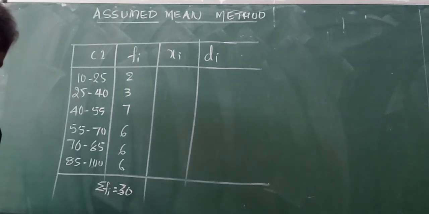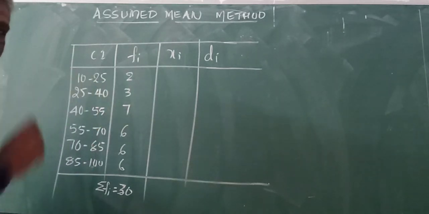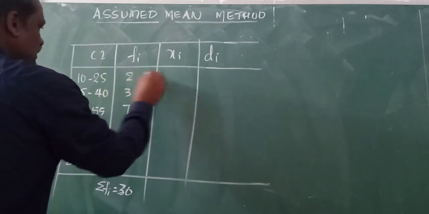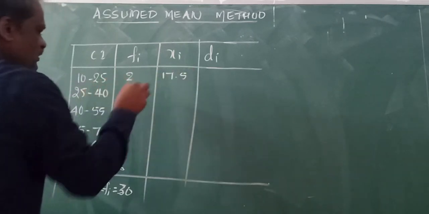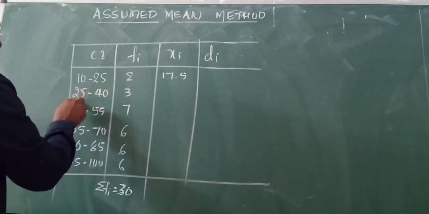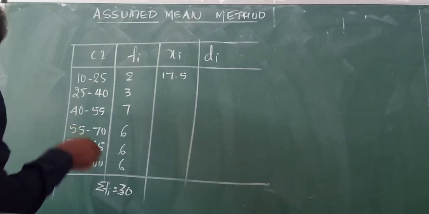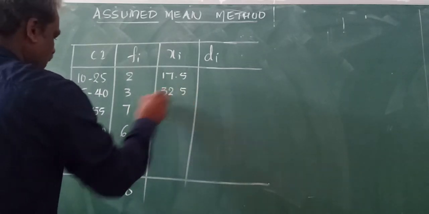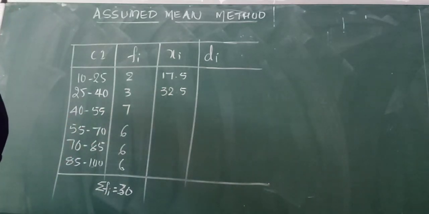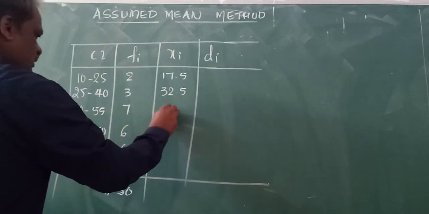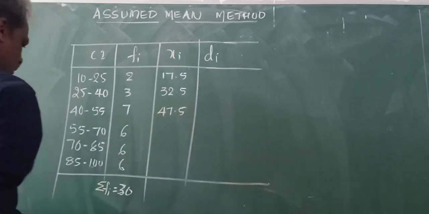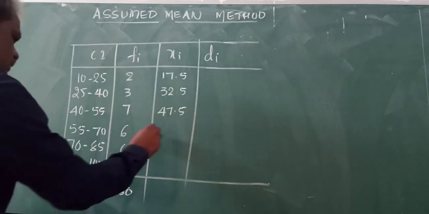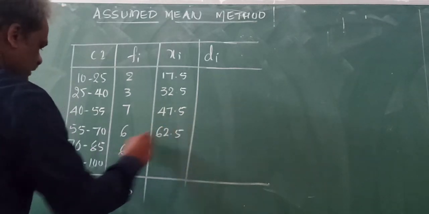Now xi is the midpoint of the class interval. For 10 and 25, add these two and find the average: it is 17.5. 25 plus 40 is 65, divided by 2 gives 32.5. 40 plus 55 is 95, divided by 2 gives 47.5. 55 plus 70 divided by 2 gives 62.5.